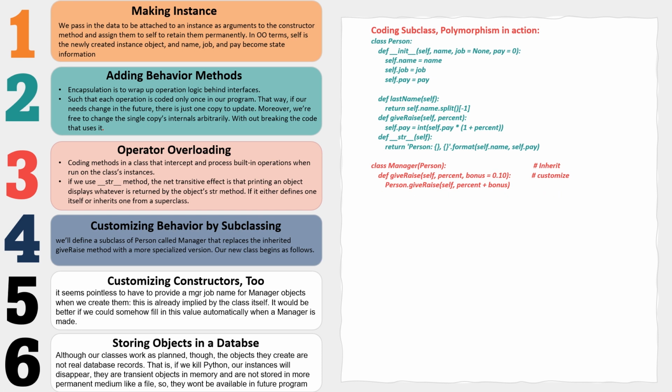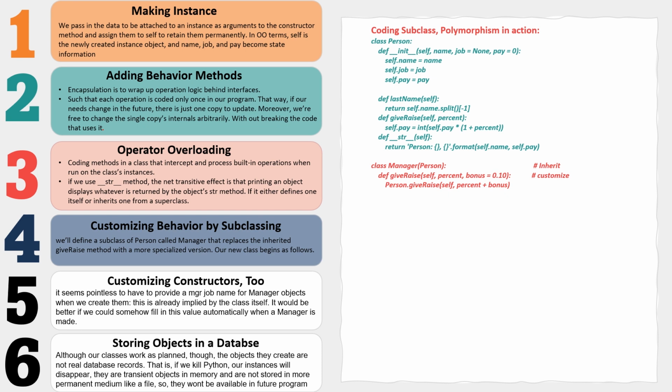Now, after creating a subclass and adding a customized method, if you call the same method for two instances of Person and one instance of Manager, irrespective of the instance type, Python runs the appropriate give raise for all three instances. This is called polymorphism in OOP.